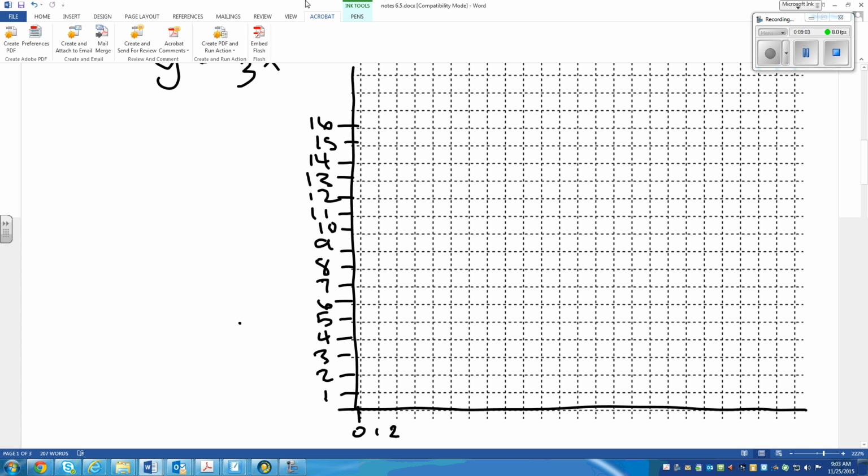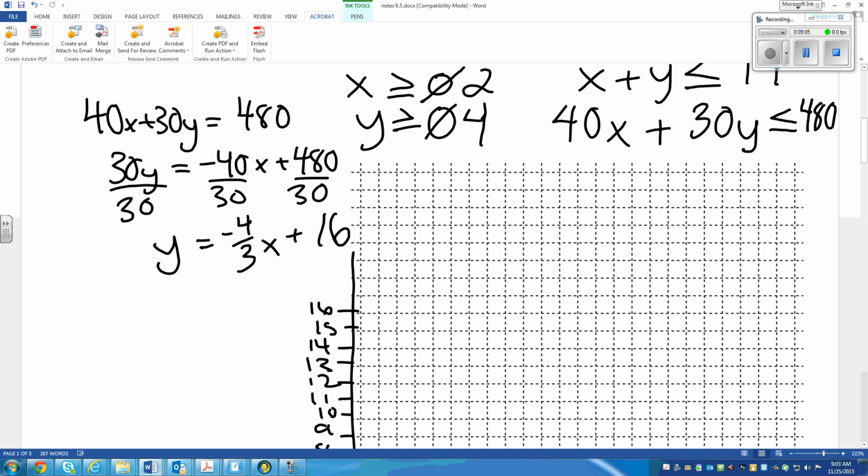Okay? So if I'm going to draw this first line that we just figured out, this y is equal to negative 4/3 x plus 16, I put a point at 16. And then negative 4/3 is down 1, 2, 3, 4, and over 3.